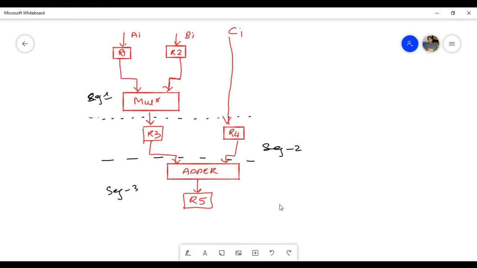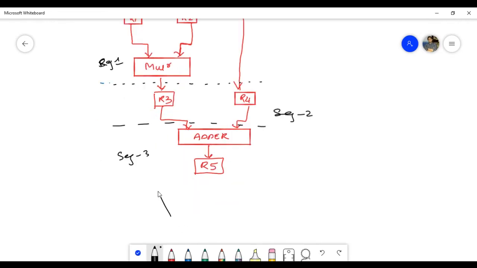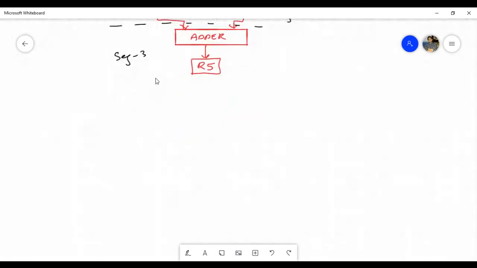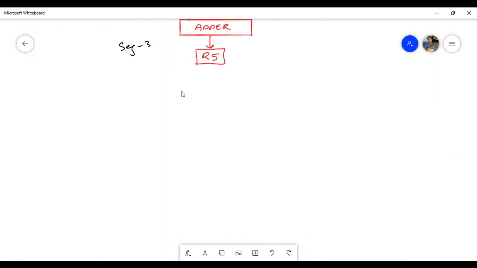Next we will move to updating the register values. How do we update this? How many registers do we have? R1 to R5. Let us write it using more space here.